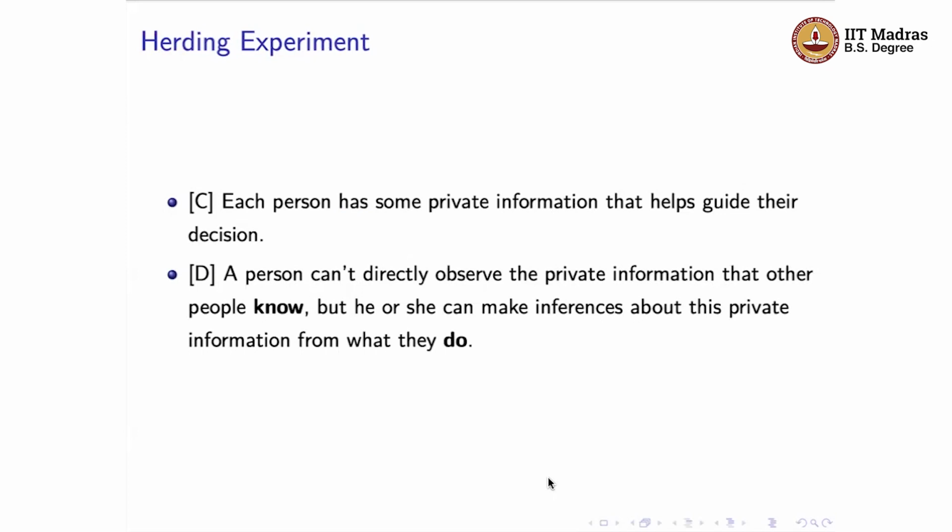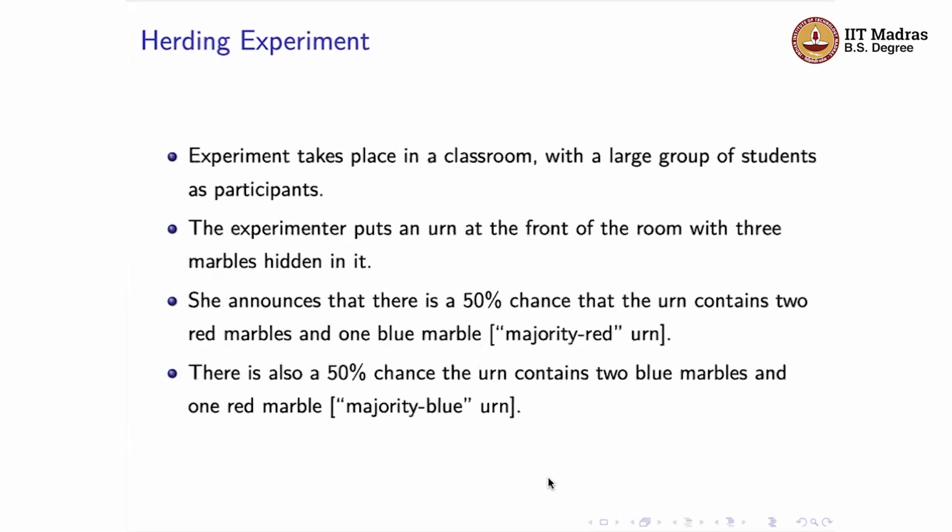So we have these four elements, and we want to illustrate how they combine to give rise to the phenomenon of herding. We are going to do this by imagining a classroom experiment, where you have a large group of students as participants, and an experimenter who has put an urn or a vase in front of the room, with three marbles hidden in the urn.